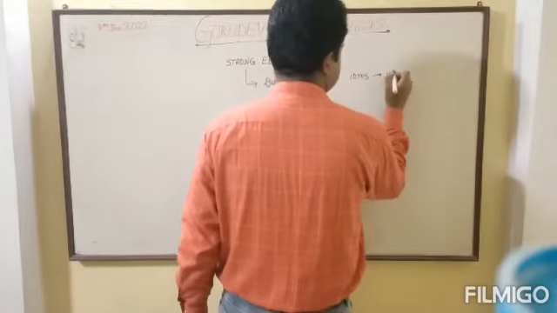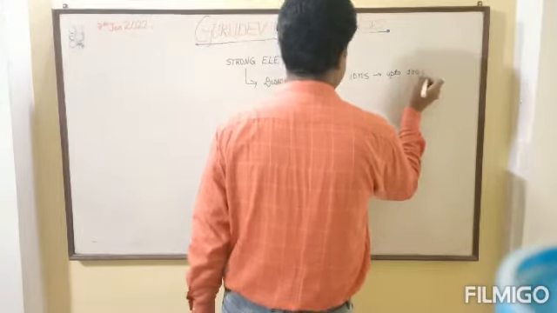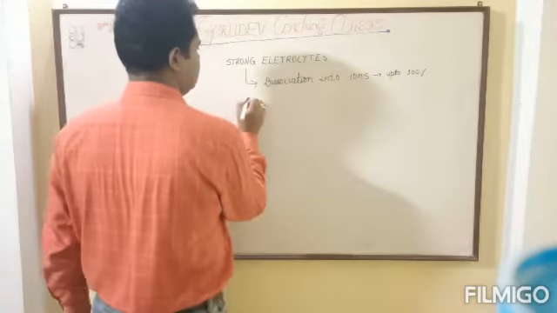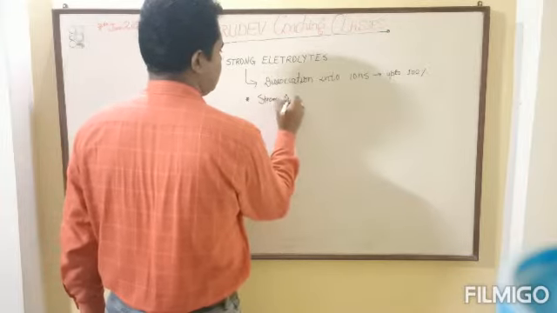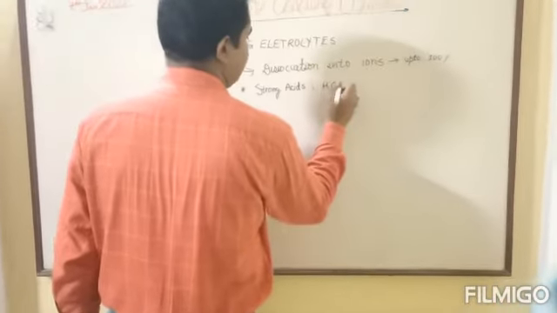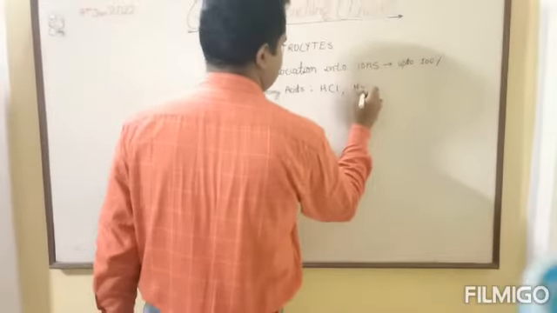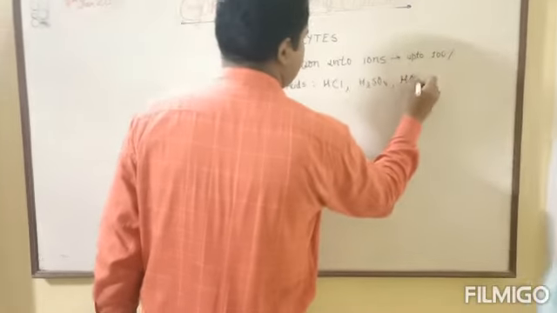Dissociation into ions up to 100%. Strong acids: hydrochloric acid, sulfuric acid, nitric acid.